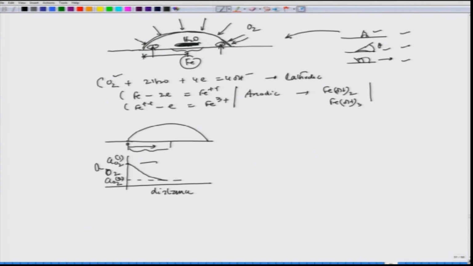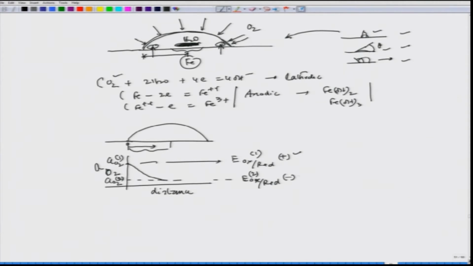Once we have a difference in concentration, if I try to see the E ox red at position 1 and E ox red at position 2, this becomes higher than this.